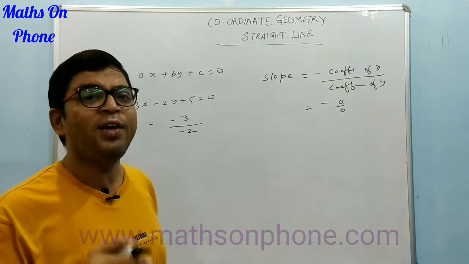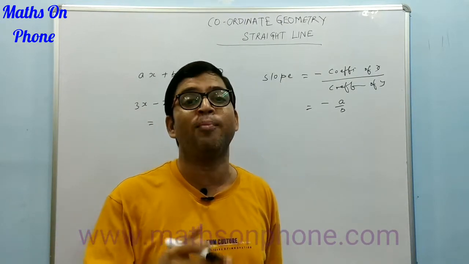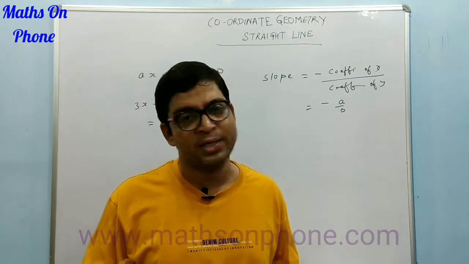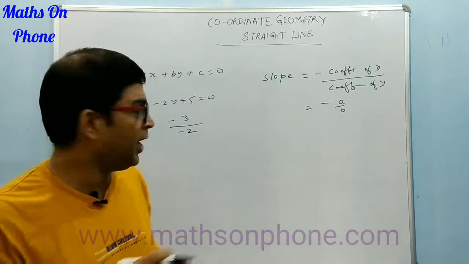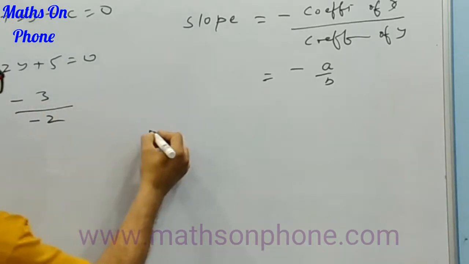Now we will see different forms of straight line. Earlier we have gone for the basic ones: point slope form, two point form, and y is equal to mx plus c form. Now we will see special forms. One of that special form is intercept form.